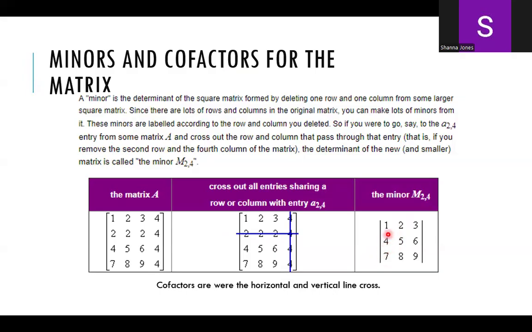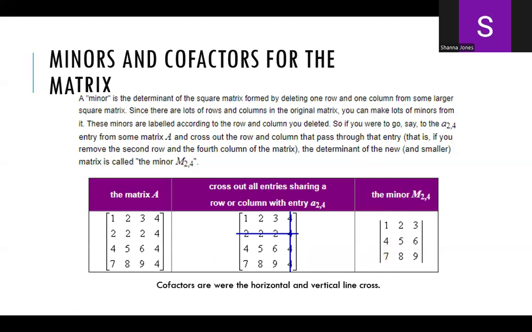And my minor would be 1, 2, 3, 4, 5, 6, 7, 8, 9. The main part here is just terminology. That's what we're focused on. The cofactors are the rows and columns you're eliminating. The minor is what's left over after the elimination.